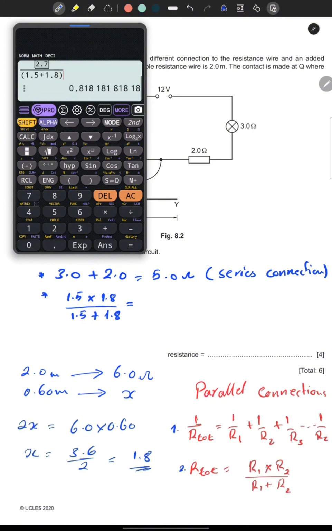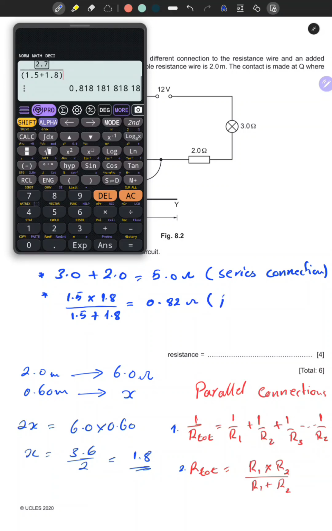So the answer is 0.818 as shown on the calculator display, so it will be 0.82 ohm.